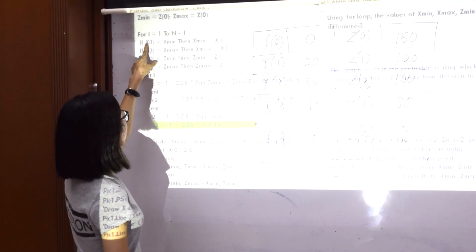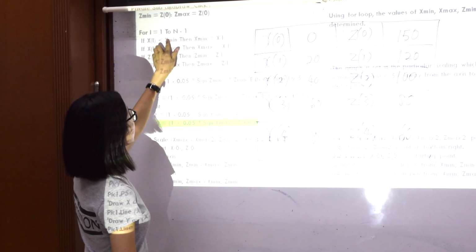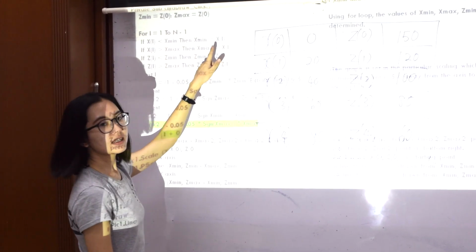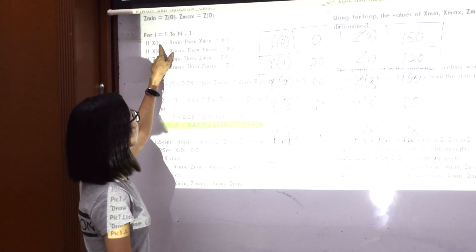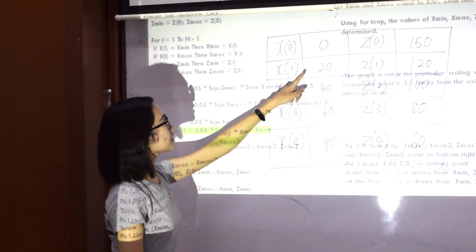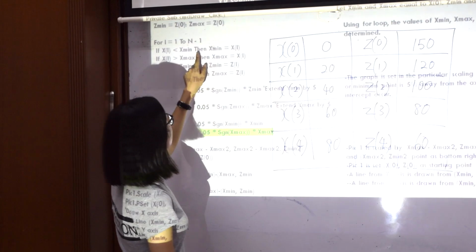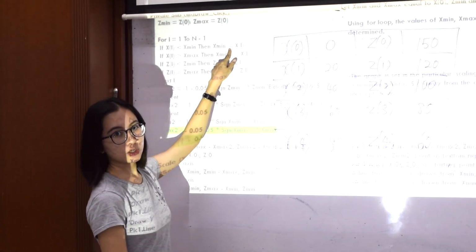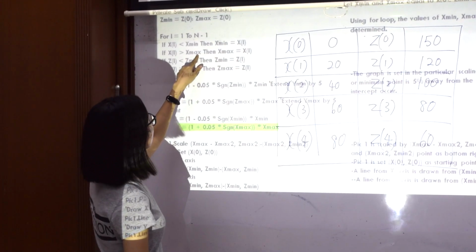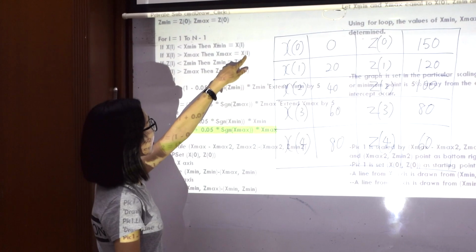And then if xi is smaller than x minimum, which is 0, then x minimum will be xi. But xi will not be smaller than x minimum because the time taken is always increasing. So the x minimum will remain at 0. If xi is larger than x max, which is 0 also, then x max will be xi.